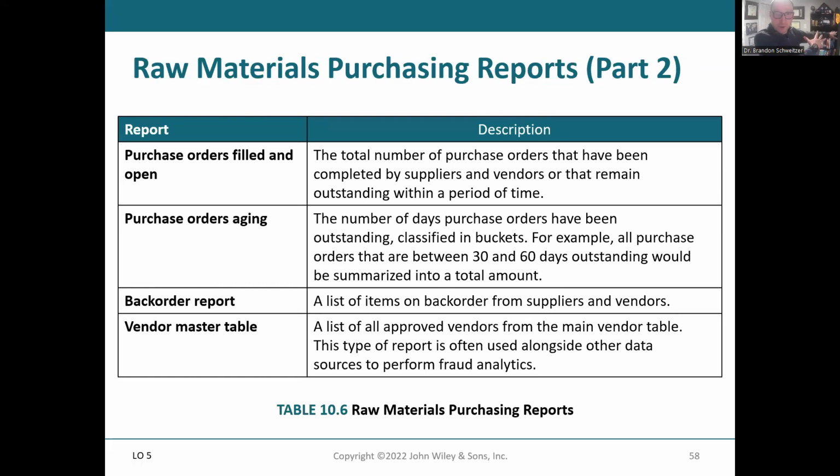How long has the purchase order been sitting there? 30 days, 60 days, 90 days, 91 plus, or 180, whatever your accounting information system templated. But you can identify 0 to 30, 31 to 60, 61 to 90, 91 plus, or 91 to 180, or 120, etc.